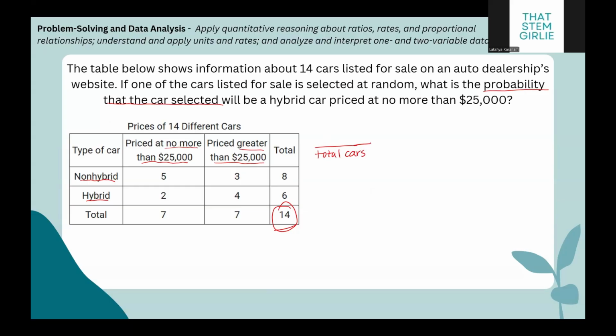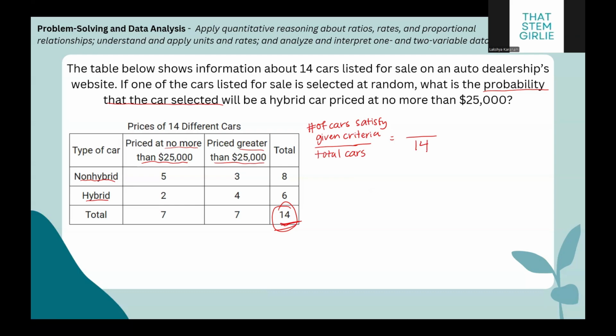And on the numerator, you're going to have the number of cars that satisfy the given criteria. So, how many total cars? 14. We've already established that. So that's going to go on the denominator.